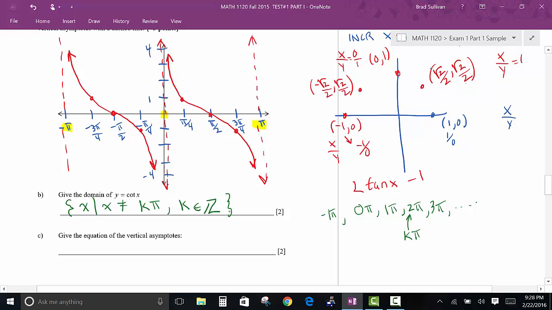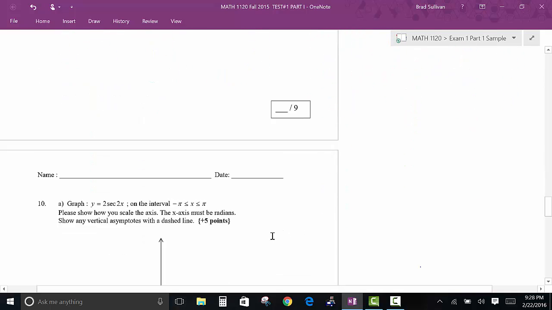So that's the answer. Okay, the equation of the vertical asymptotes is x equals k pi, with k being an integer. Asymptotes are equations, so it's x equals something. So what you want to do is look for patterns. If you did the tangent, it would have a slightly different pattern, but if you list it out, you should be able to figure it out.